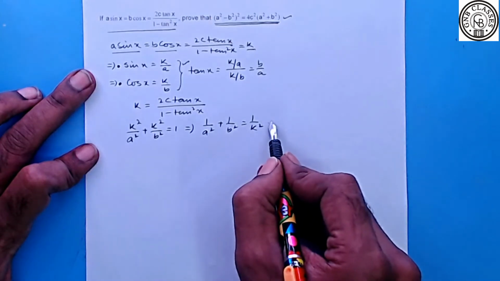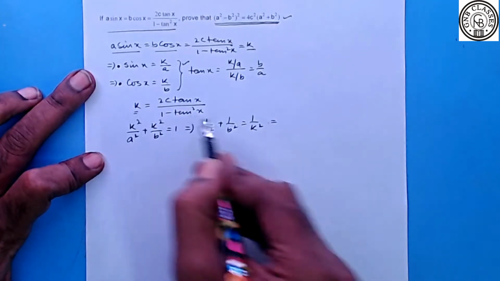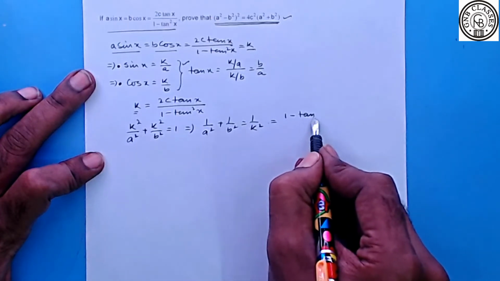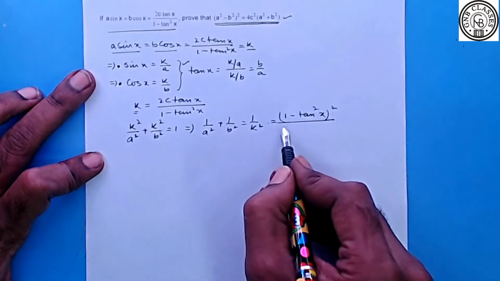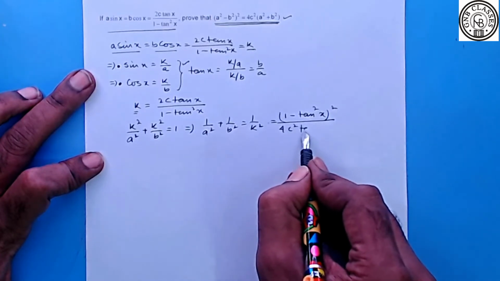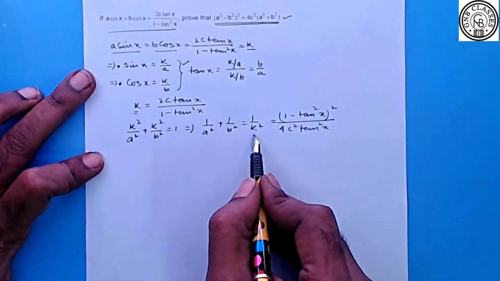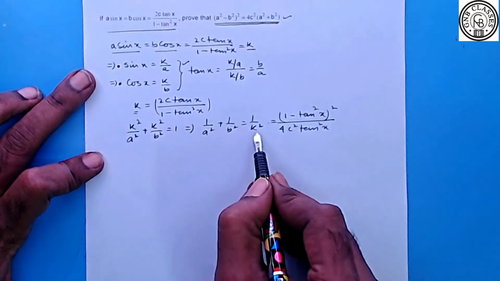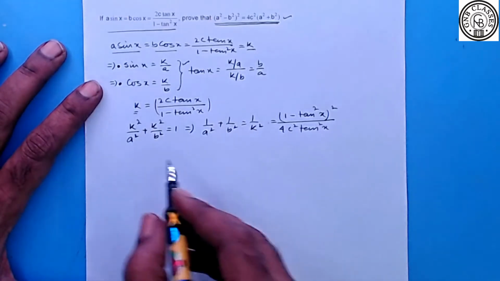Now what is k? k is 2c tan x by 1 minus tan square x. Let me replace it here. So we are getting basically (1 minus tan square x) whole square divided by 4c square tan square x. Is it clear? In place of this k, I am replacing with this part. So 1 by k square, simply you have to reverse it. So we are getting this.